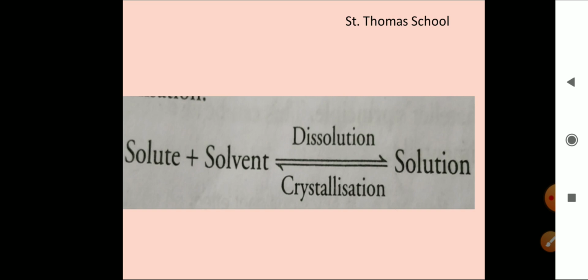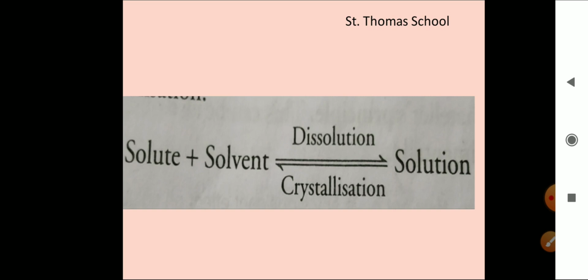And some solid particles in a solution get separated out of the solution. Some solid particles जो है वो solution में से separate कर दिया गया. That process is known as crystallization. A stage is reached when the dissolution and crystallization process occur at the same rate. Means at this stage what happened, the number of solid particles going into the solution will be equal to the solid particles separating out, and it can be called a state of dynamic equilibrium.